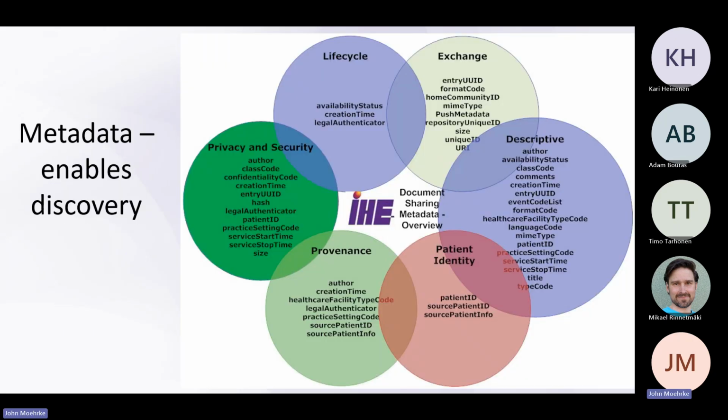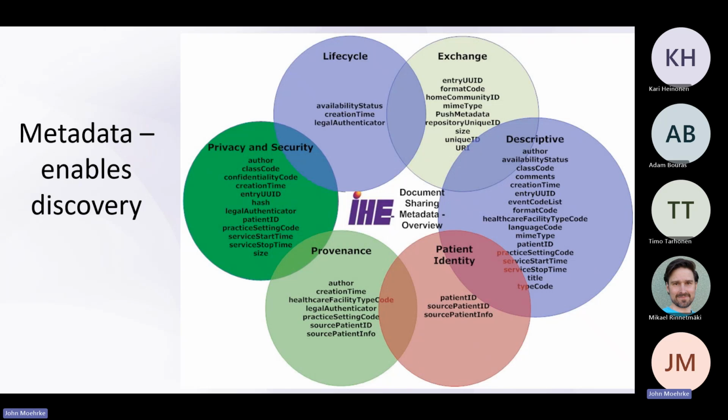I talked about metadata. This is a nice, pretty, colorful chart of the kinds of metadata. So you can see it's not comprehensive, but there's pieces of information in there for descriptive, like I said before, which is things like you would want to find medical summaries or discharge summaries, those kinds of things.